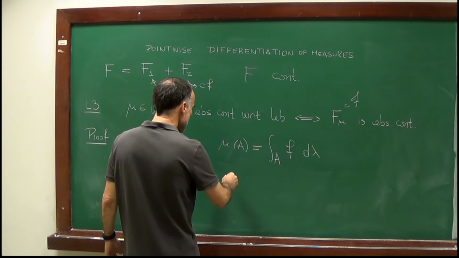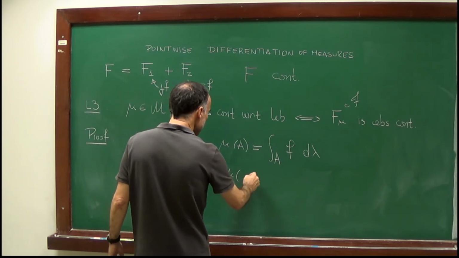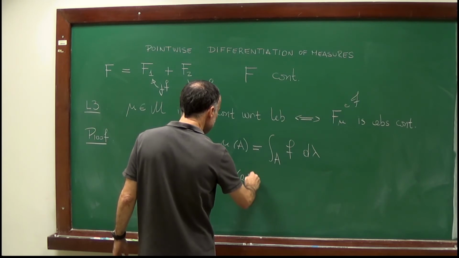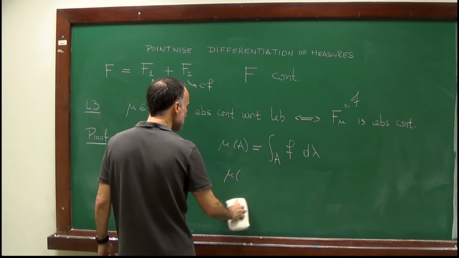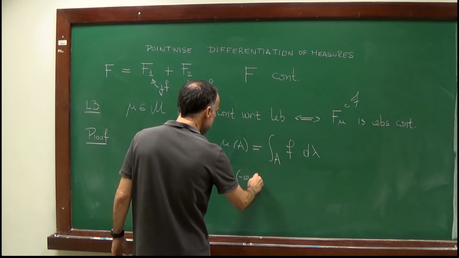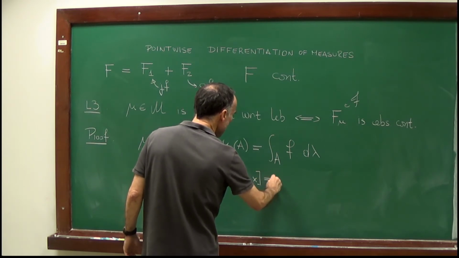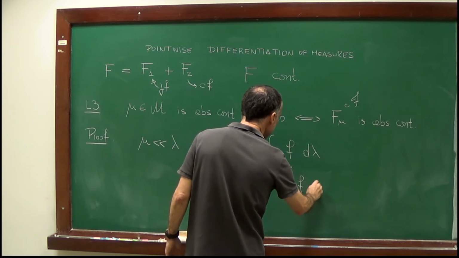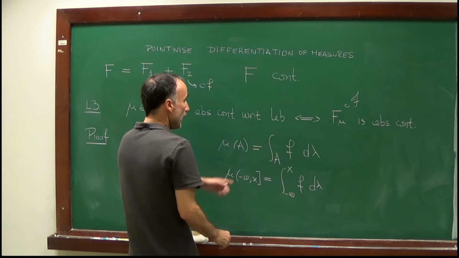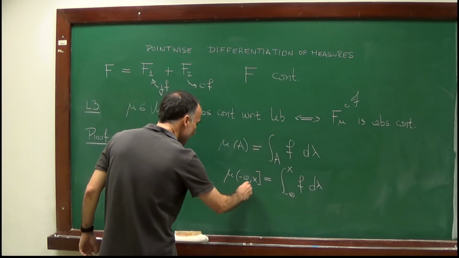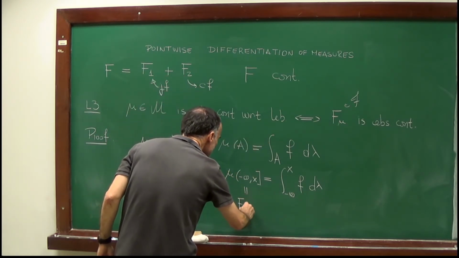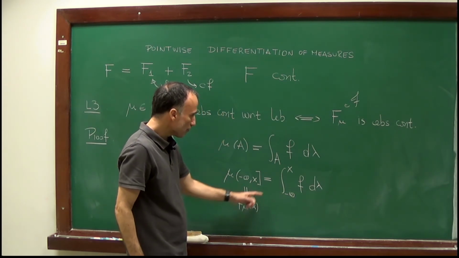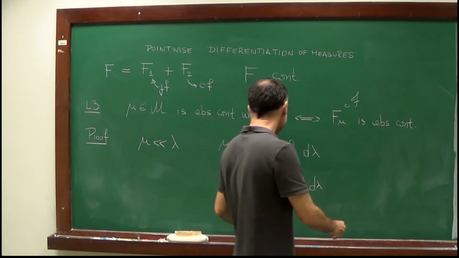And if I specialize that to intervals, let's first take (minus infinity, x]. Well, this is the integral from minus infinity to x of f d lambda. And by definition of f mu, this is also f mu of x. So we proved that f mu of x is given by this expression.